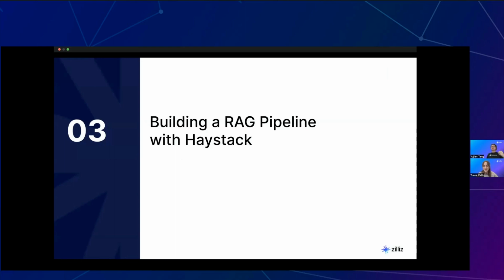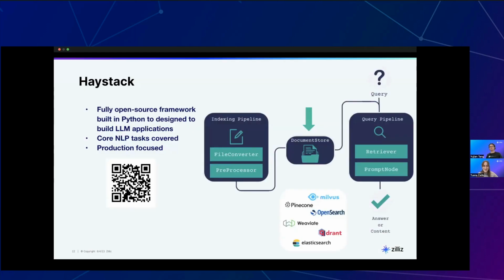Okay, so before I start going through the pipeline itself, I do have to talk about Haystack. Haystack is a fully open source framework built in Python, designed to build large language model applications meant for production. But not only that, Haystack also covers core NLP tasks, such as some that Eugene also mentioned.